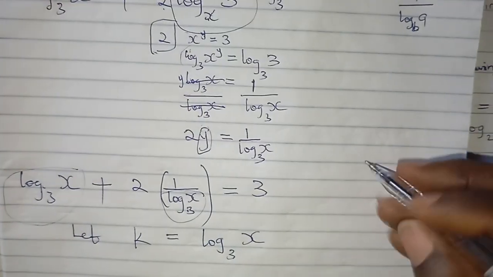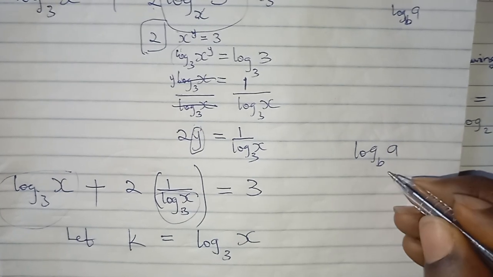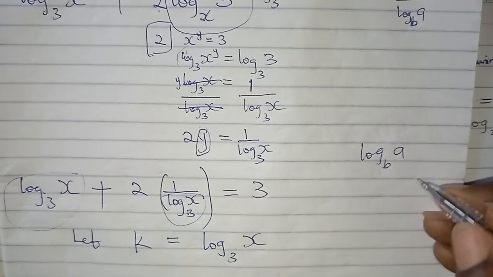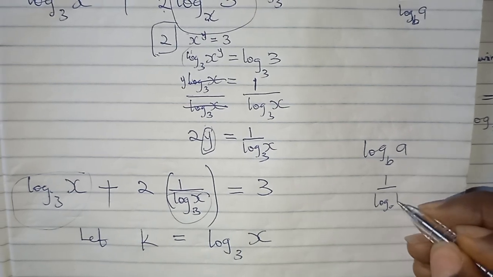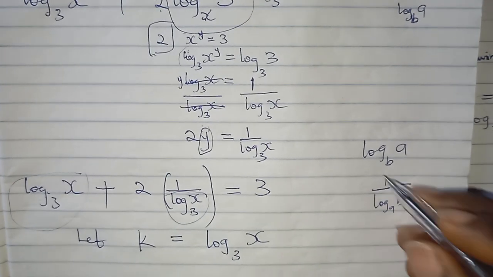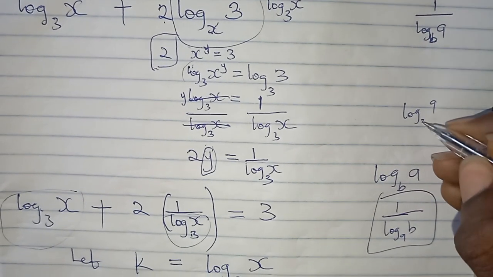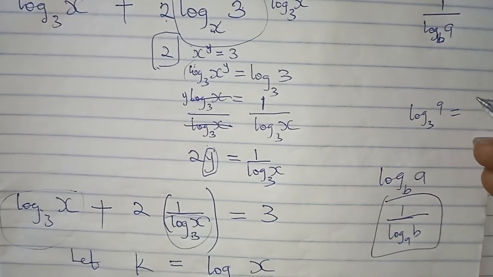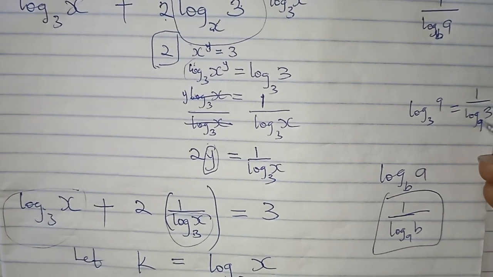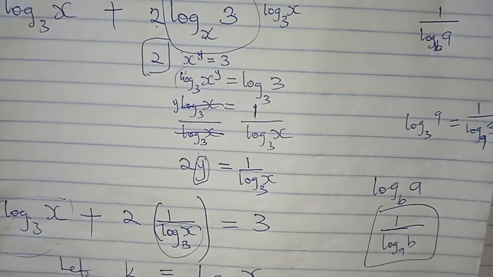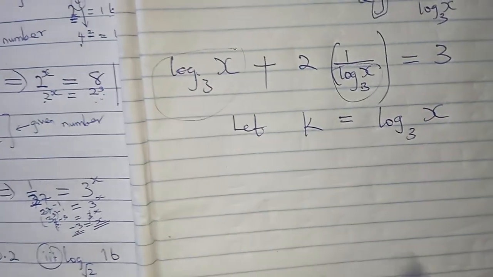So you need to note this principle: log a to base b is the same thing as saying 1 over log b to base a. Which means that log 9 to base 3 is the same as 1 over log 3 to base 9. Alright, we'll come back to prove that.